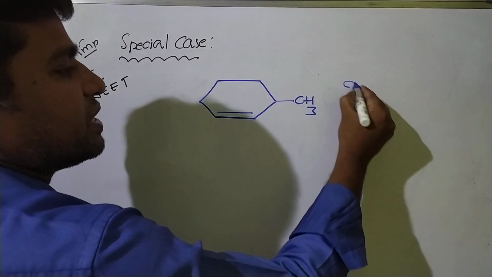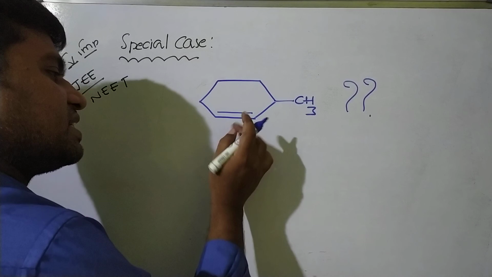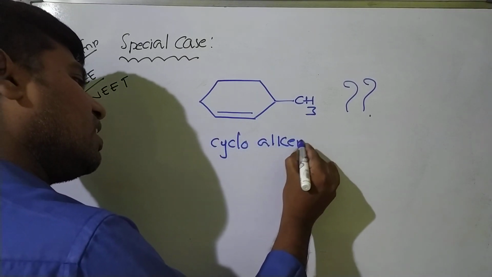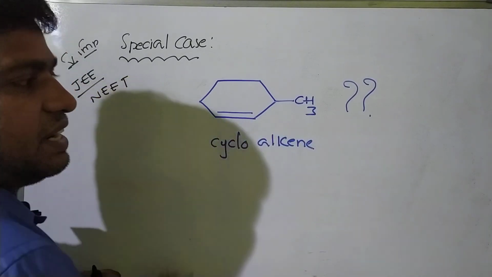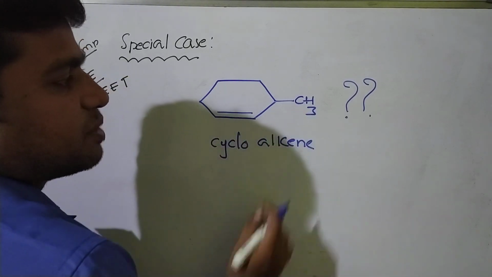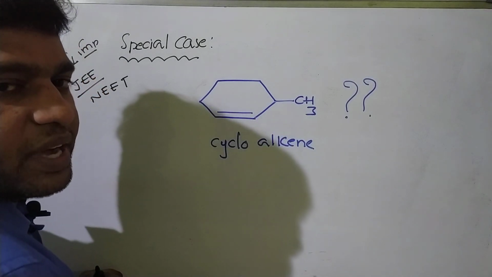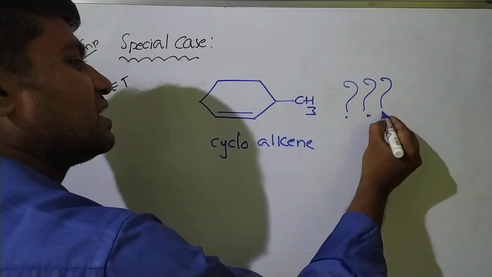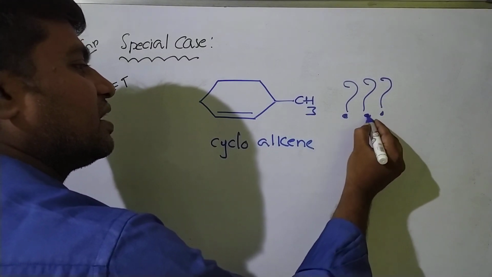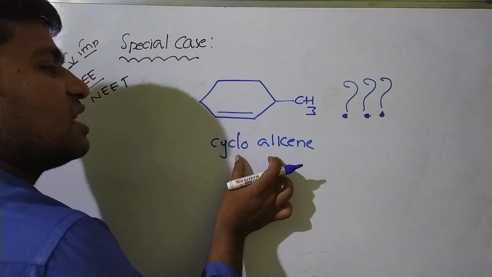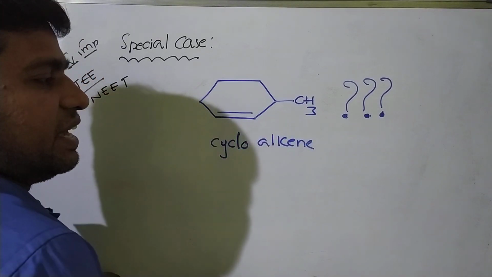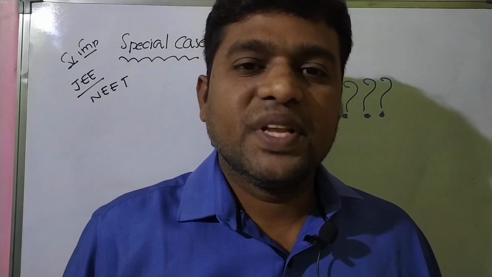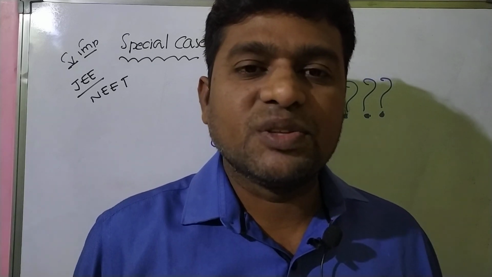This is a cycloalkene. Does this compound exhibit geometrical isomerism or not? So we don't know the answer yet. We will try to learn about geometrical isomerism in cycloalkenes. I will explain geometrical isomerism in cycloalkenes in the next video.